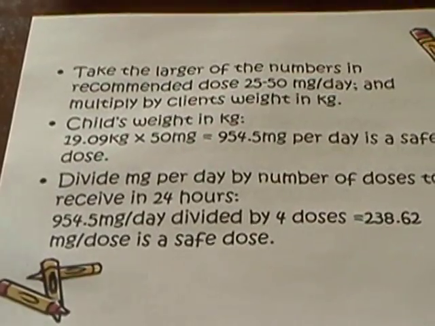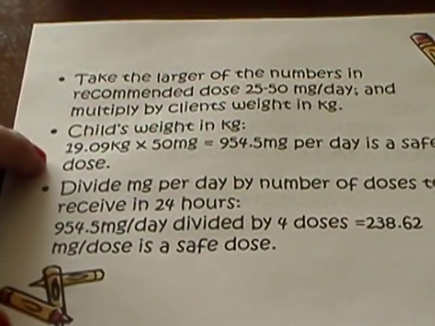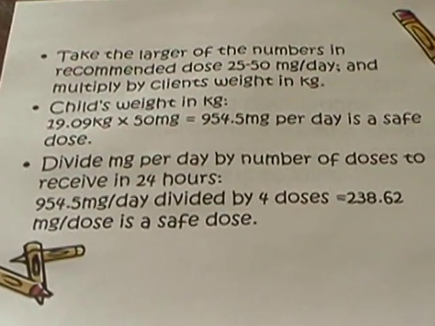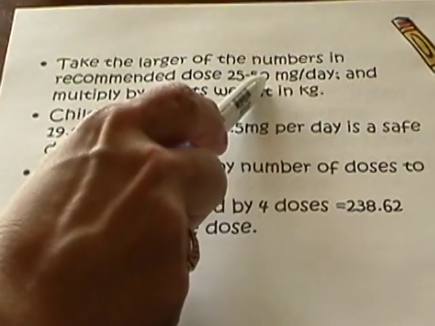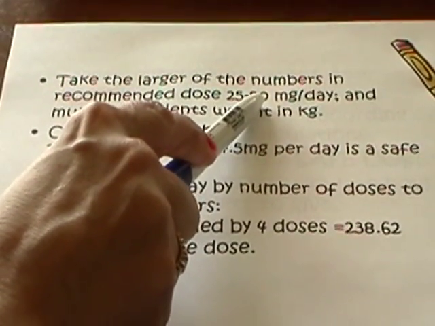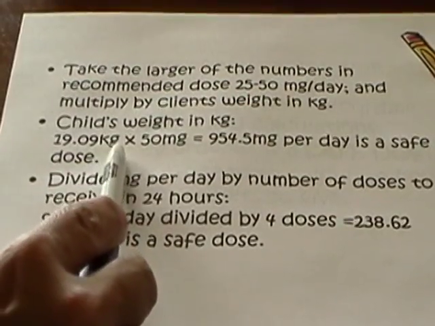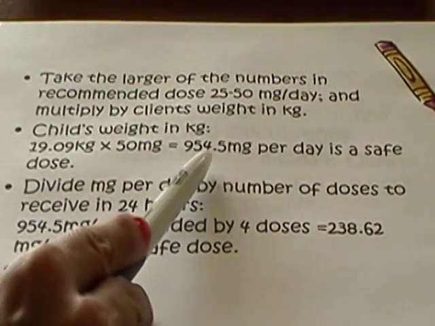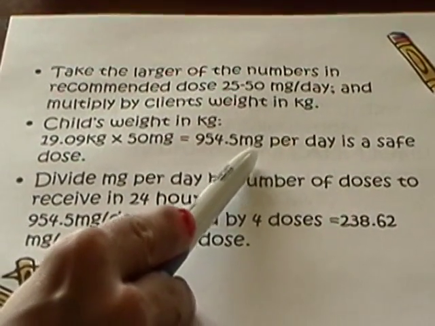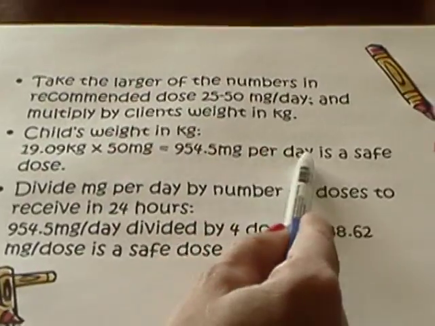So the child's weight in kilograms is 19.09. 19.09 kilograms times 50 milligrams equals 954.5 milligrams per day.